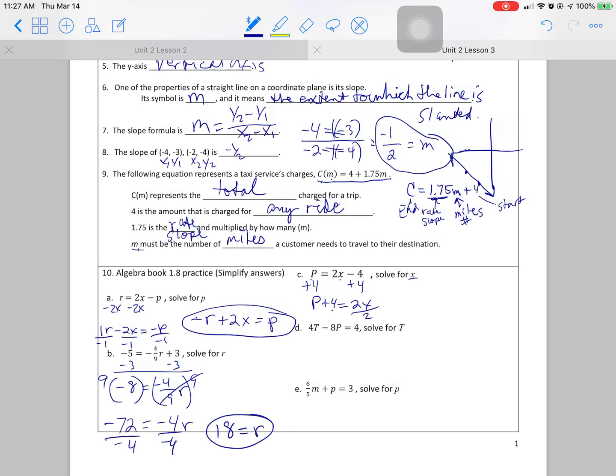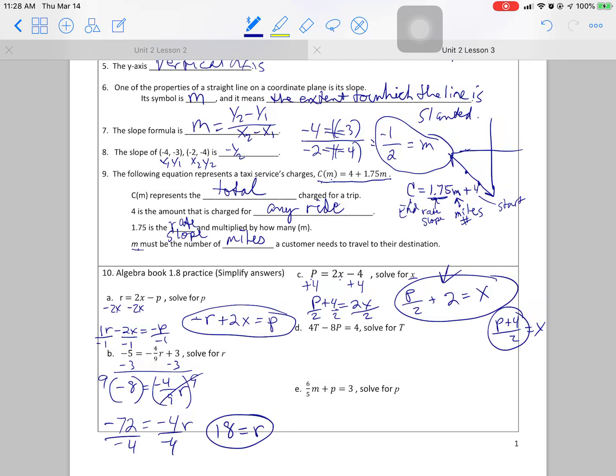Then I want x alone, put a 2 under here and a 2 under here. So p over 2 plus 2 equals x. So that would be a good answer. I will accept it if you turn it into p plus 4 over 2 equals x. That's fine. I just want you to try starting to do this one, okay?